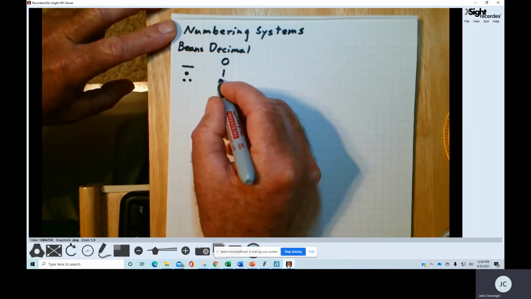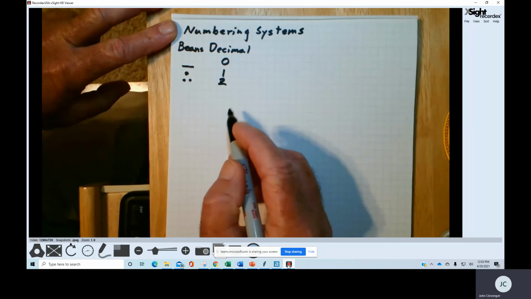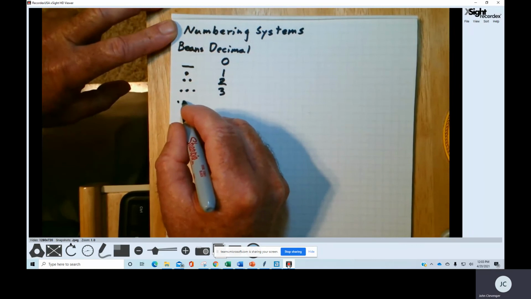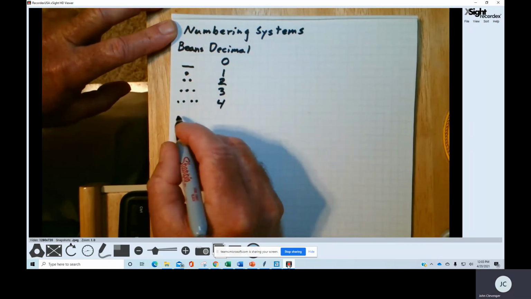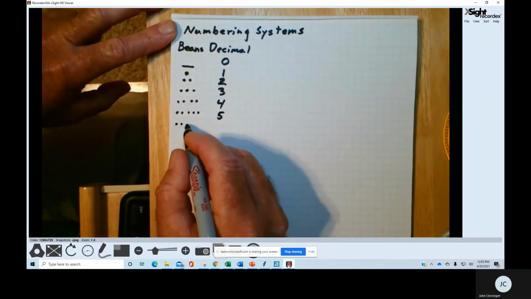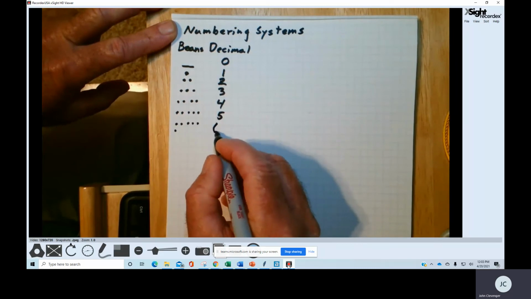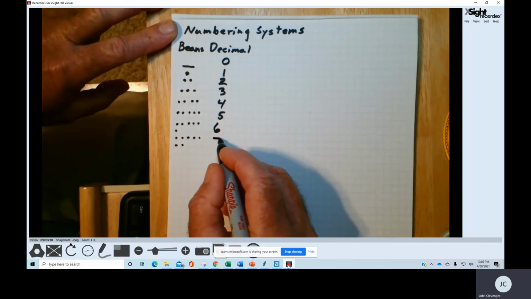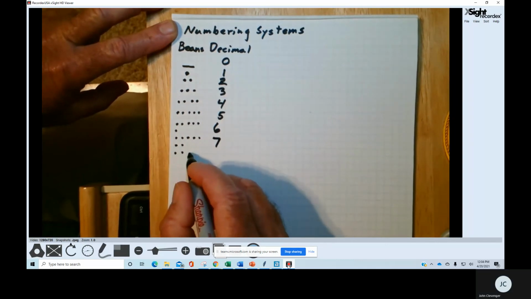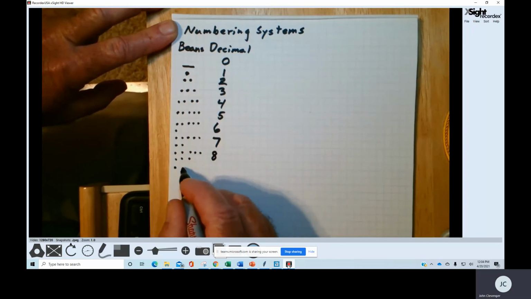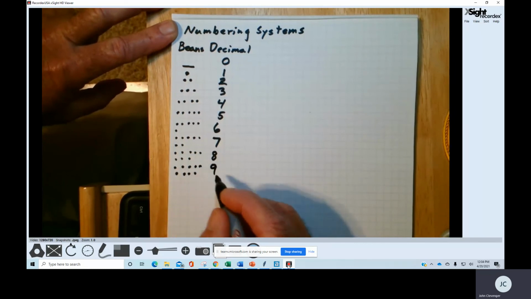If I have two jelly beans, I have a decimal value of 2, 3, 4, 5, 6, 7, 8, 9.